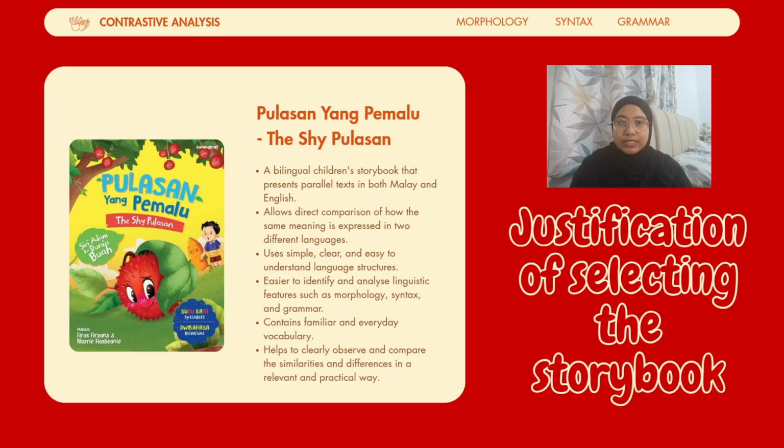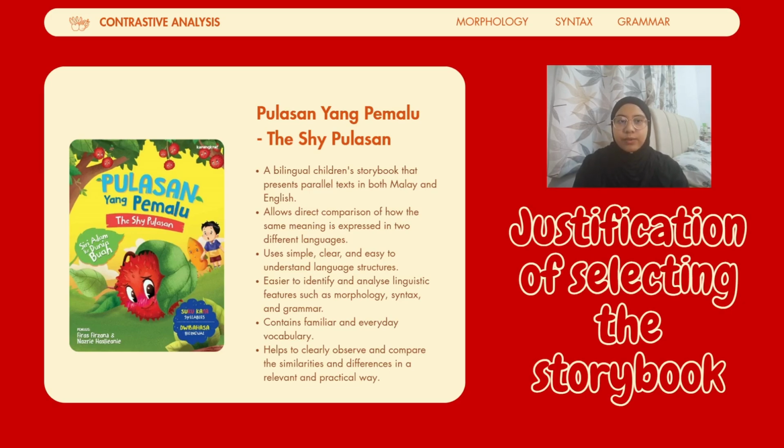Besides that, the story uses simple, clear, and easy to understand language, and it is very helpful for us because it makes it easier to identify and analyze linguistic features without being too complicated. It also allows us to focus on key areas such as morphology, syntax, and grammar in a more systematic way. Another reason we chose this book is because it contains familiar vocabulary and everyday expressions, especially related to fruits like pulasan.